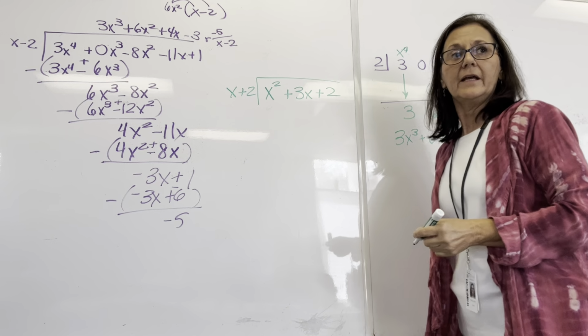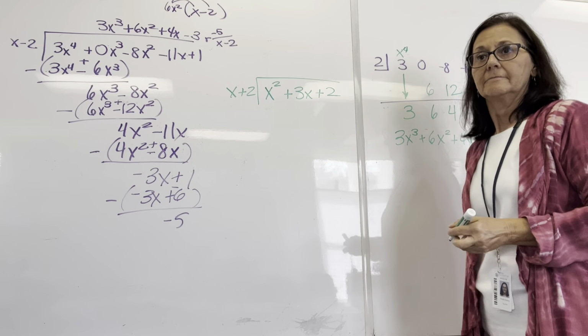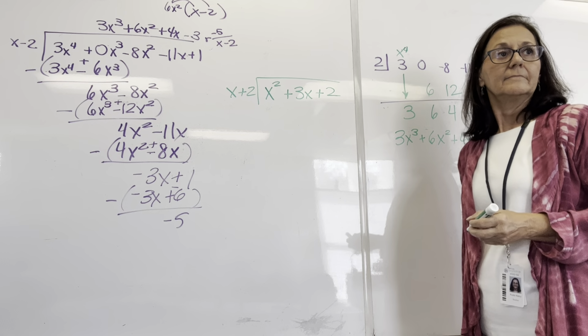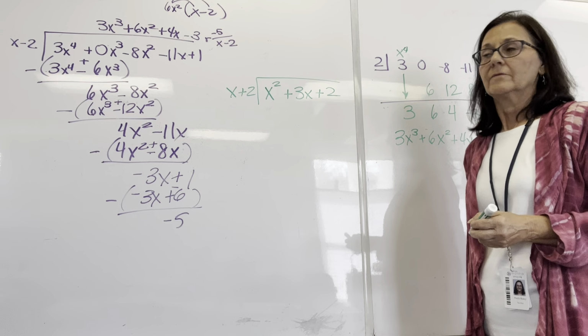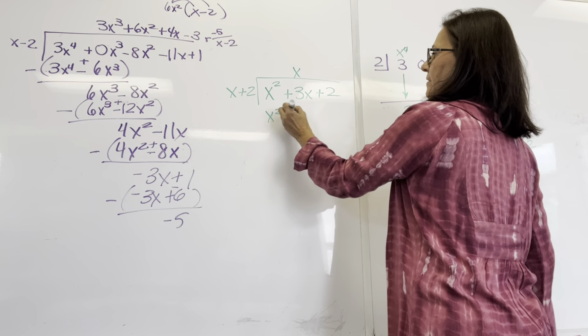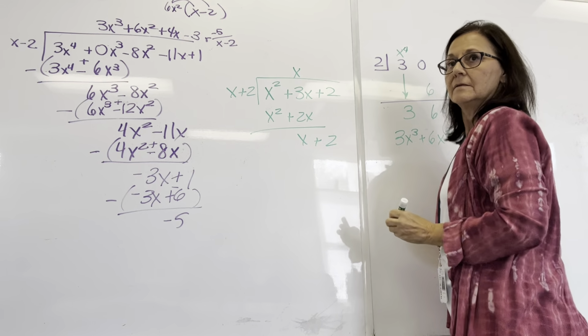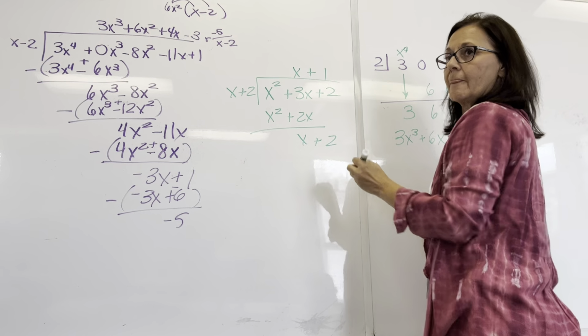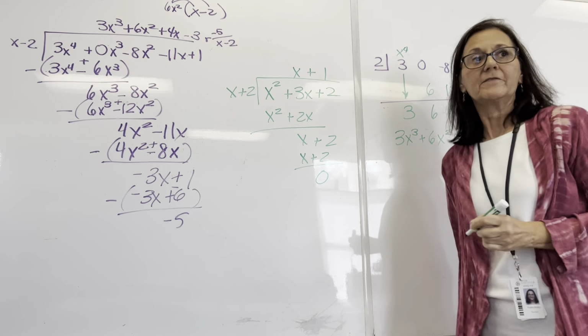Do you already know what that is? All right, so it would be x squared plus 2x. We have a remainder of 0.